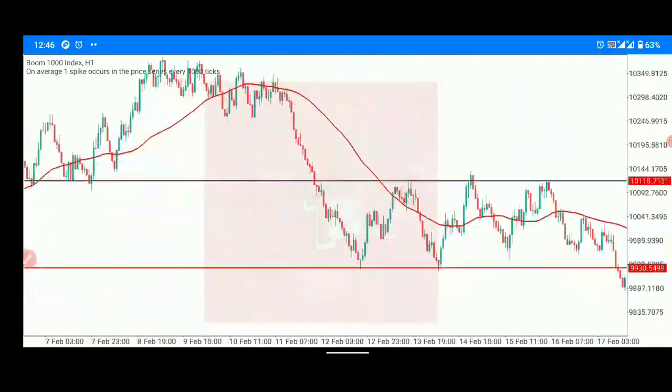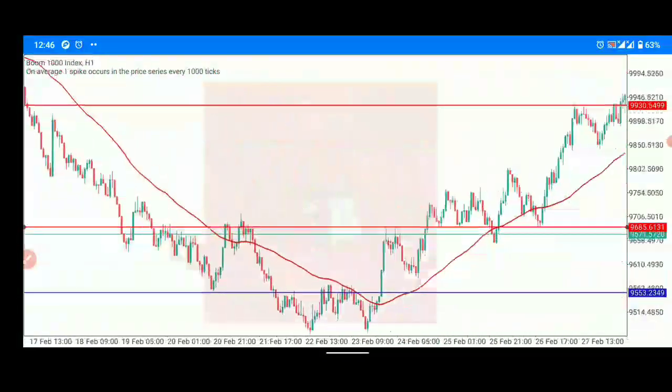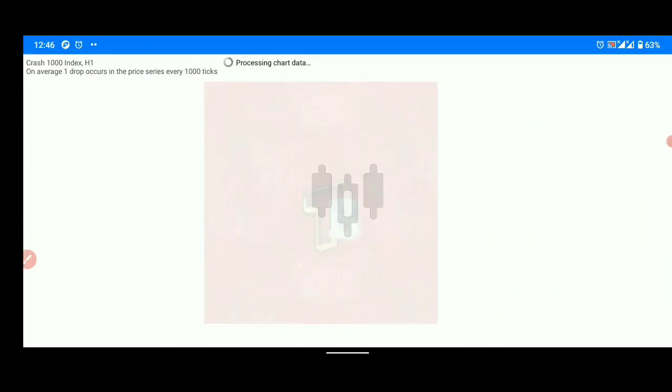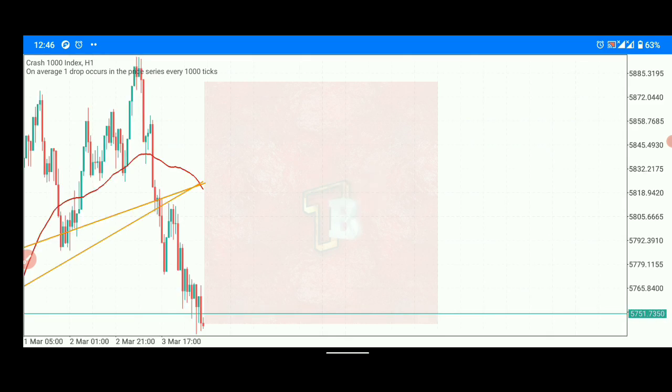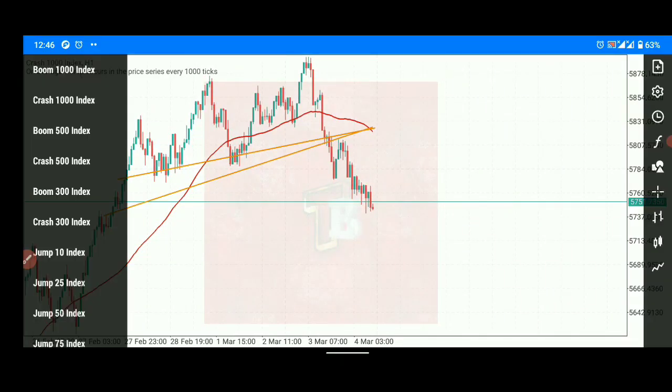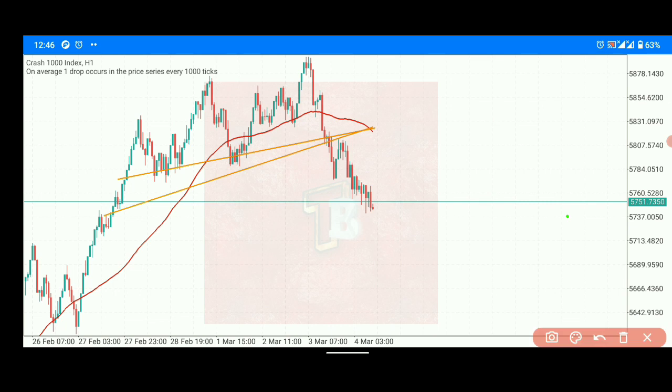Let's look for a double top in Crash 1000. You know, Crash is an uptrend market and Boom is a downtrend market. We can see one here already. You can see higher highs and all of this. See it forming.